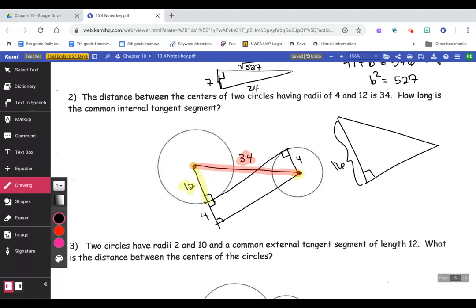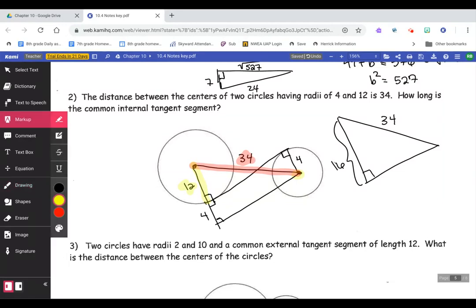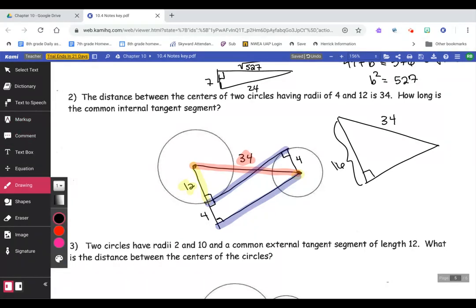The hypotenuse is 34. So if we can figure out this line right here, that's congruent to the internal tangent line because the opposite sides of a rectangle are congruent. So let's figure that one out right now using the Pythagorean theorem.